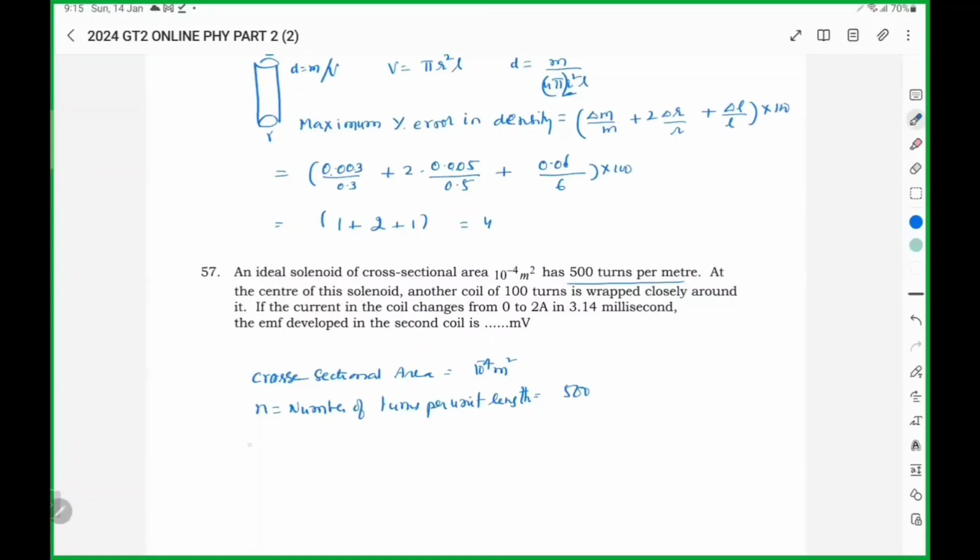So the magnetic field inside the solenoid is equal to mu naught n i.